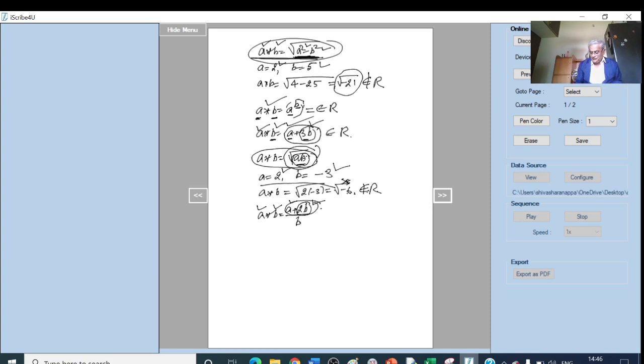Therefore, this numerator is a real number, and the denominator B is again a real number. A real number divided by a real number is again a real number. This belongs to R. Therefore, here the operation star defined like this is a binary operation.